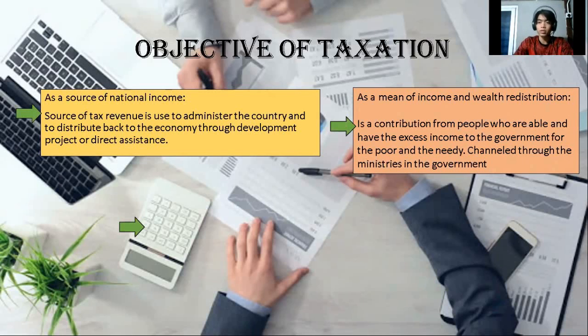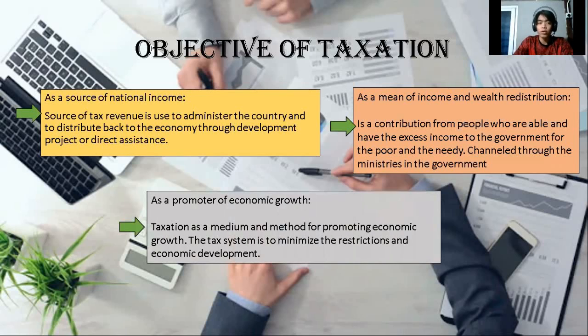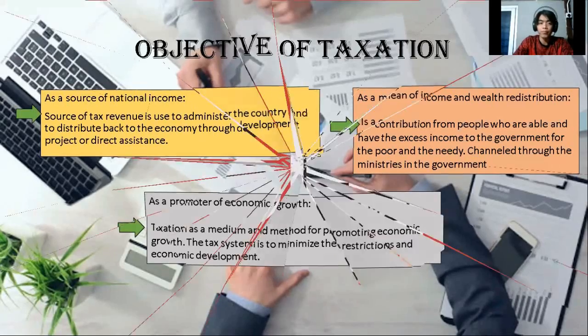The second is as a means of income and wealth redistribution, a contribution from people who are able and have the income to the government for the poor and the needy, channeled through the ministries in the government. And the last objective is as a promoter of economic growth, where taxation is a medium and method for promoting economic growth. The tax system is to minimize the restrictions on economic development.